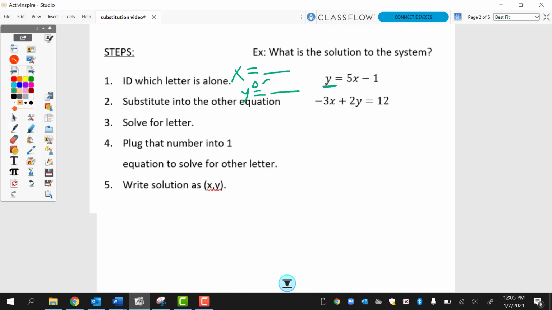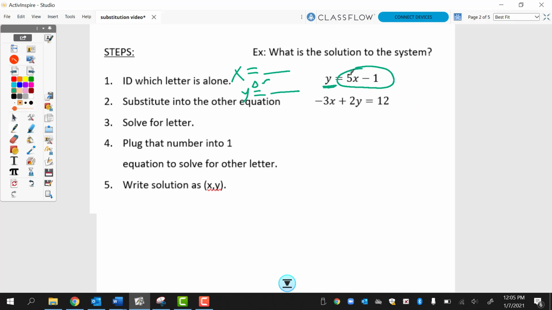It says y equals. So that means this blob, whatever this says, now this one says 5x minus 1, I'm going to substitute that into the second equation instead of having a y in there, because right now I have an x and a y. I can't get a number answer if I have two different letters. If I have one letter, I can.